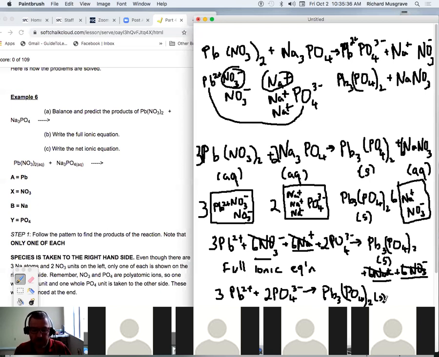So the 6 Na pluses and 6 NO3 minuses are gone. So this bottom one here, this is the net ionic equation. Does anybody have any questions?